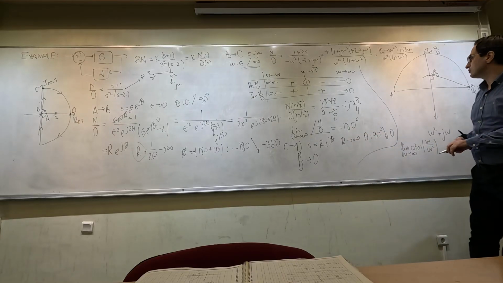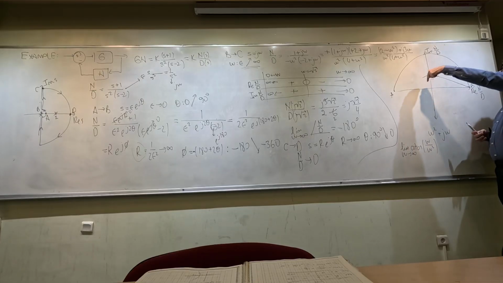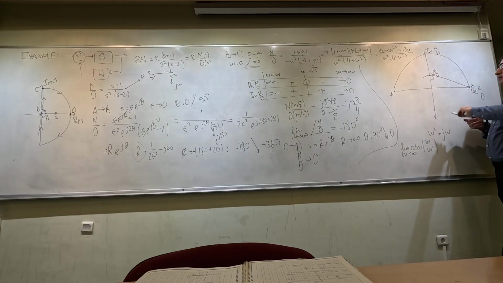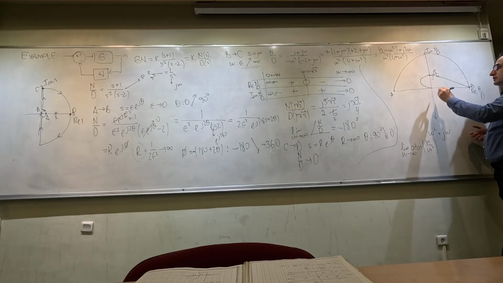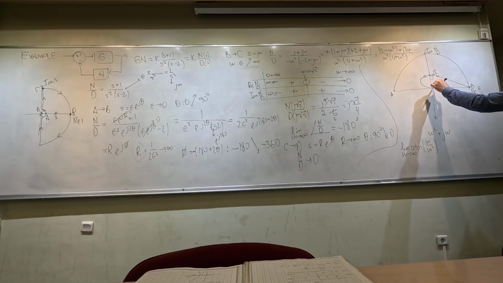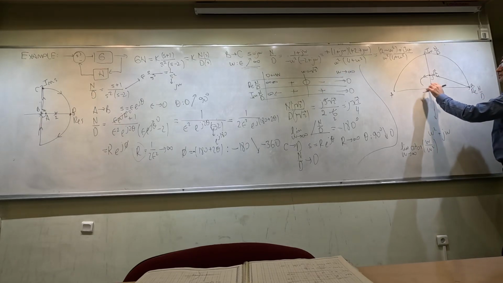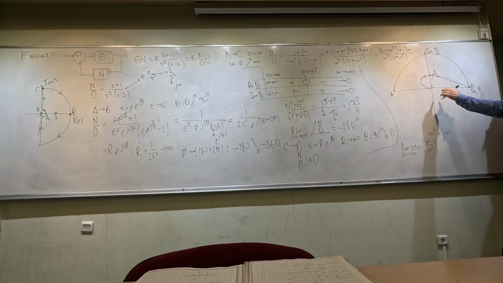How should I converge to 0? From here? Yes, that is what I have to do here. So that is how we converge to 0. I can say this is my point C. This is half of the Nyquist plot. Maybe I can draw it a little bit emphasized here. It's going to be something like this.